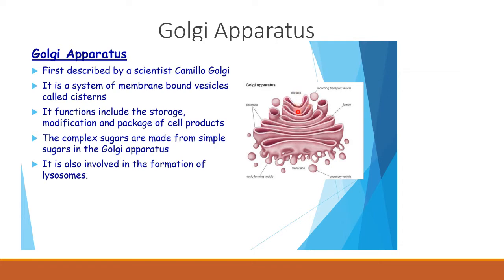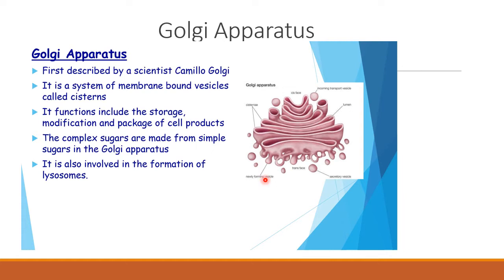So they enter through the cis phase of the Golgi apparatus. Then inside the cisternae, a few changes take place, and again it is packaged, and from the trans phase it comes out again in the form of vacuoles. It will go to the target site, whether it is intracellular, if it is required inside the cell, or in any other part of the body.